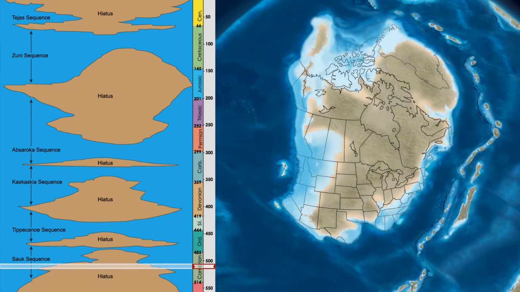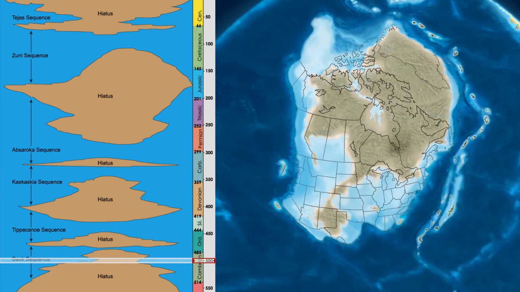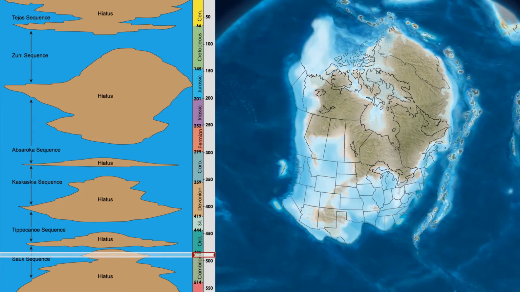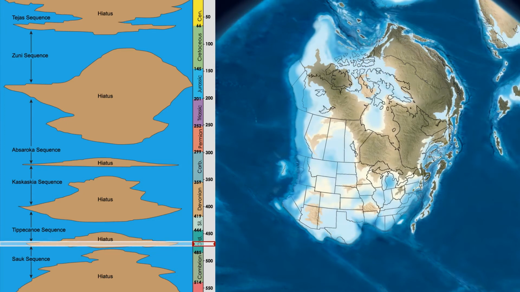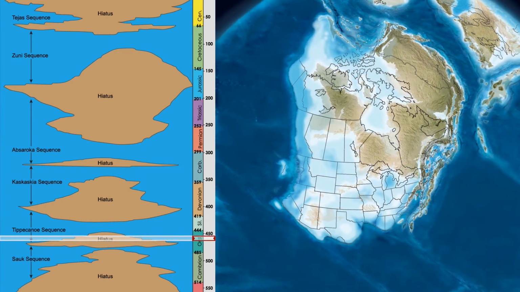Okay, so you can see with both the animation and the bar that's moving up, more of North America is becoming inundated. And by the time we get pretty close here to the end of the Cambrian, most of the North American craton is underwater.